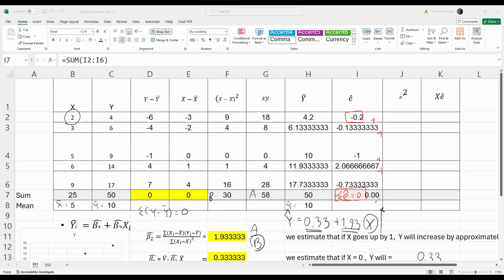What does this mean? It means the total error is zero. The overall model error is zero.